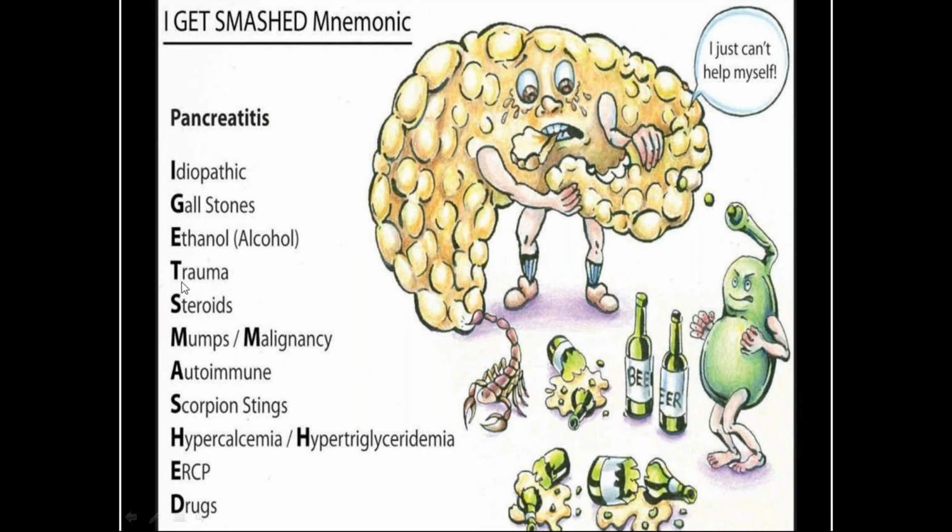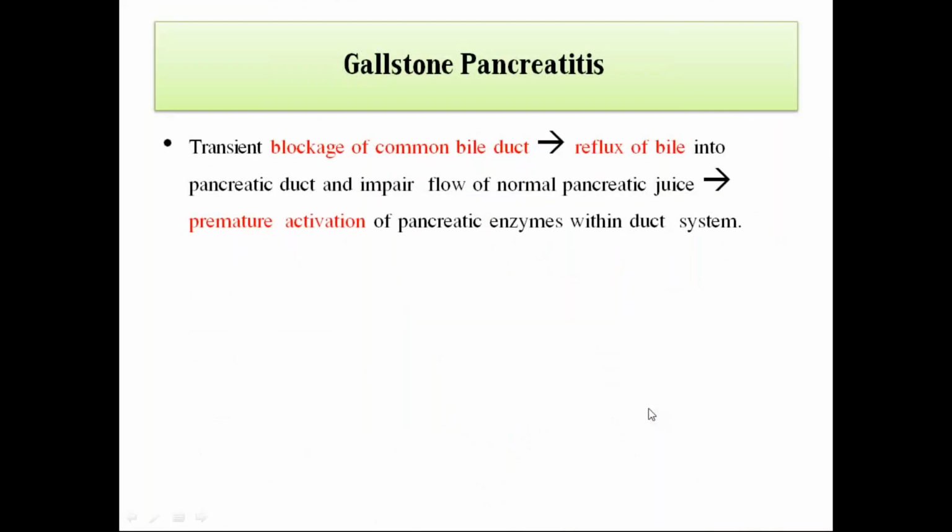S for steroids and medications, M for mumps and malignancies, A for autoimmune and scorpion bite, H for hypercalcemia, hypertriglyceridemia, and hyperparathyroidism. E as a complication of ERCP. D for drugs.